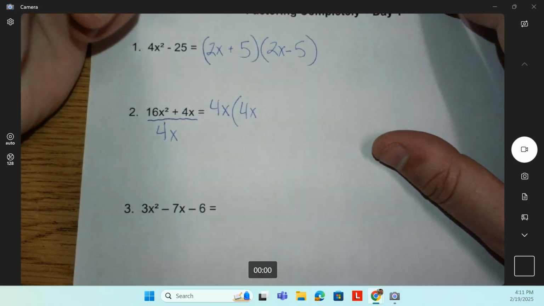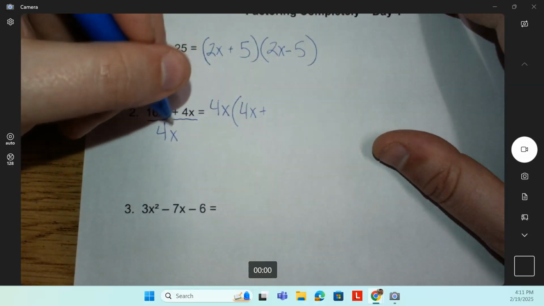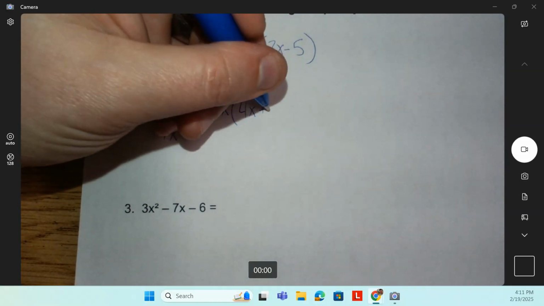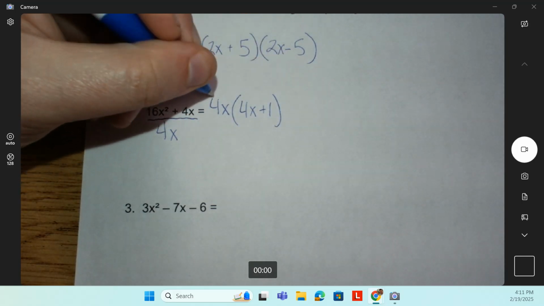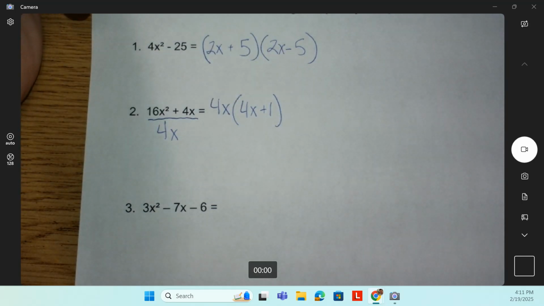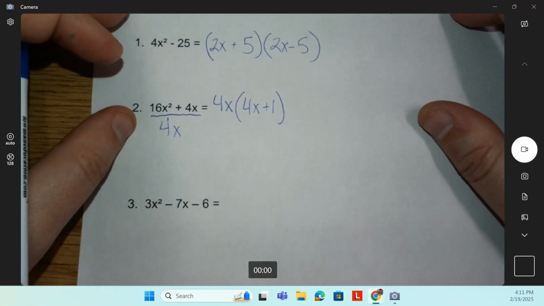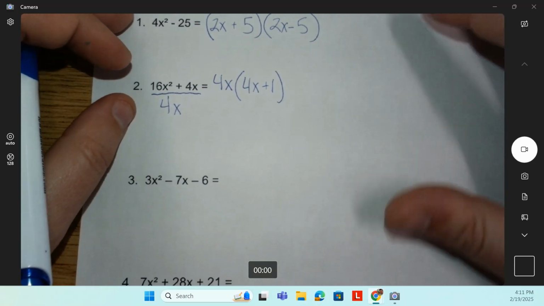There's still another x there. And then 4x divided by 4x gets rid of both of those terms, but we need a 1 to hold the place. Otherwise, it will not multiply back in. So that one, all we can do is factor that out, and we're done.